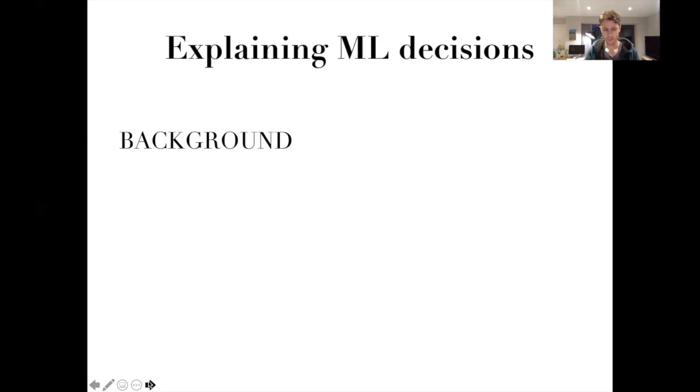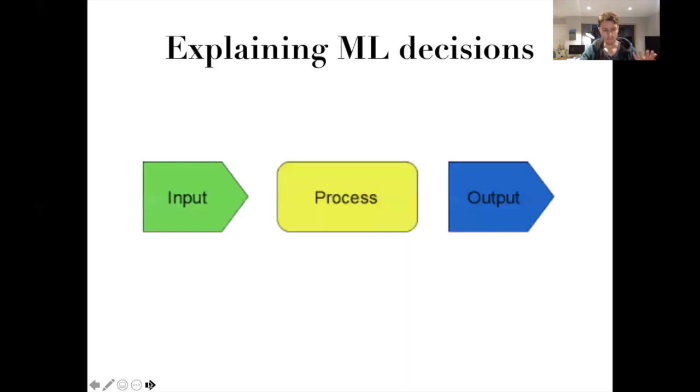So if you think of inputs and outputs like this, it's that middle box, the process by which you get outputs from inputs, that was relatively easy to understand and considered transparent.